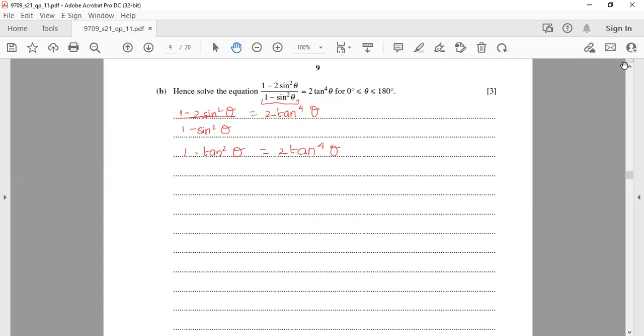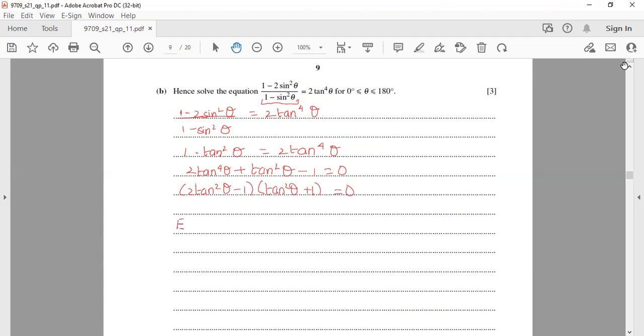So we bring everything to one side. 2 tan to the power 4 theta plus tan squared theta minus 1 is equal to 0. Here you have a disguised quadratic equation, so we can factorize it. (2 tan squared theta minus 1)(tan squared theta plus 1) is equal to 0.